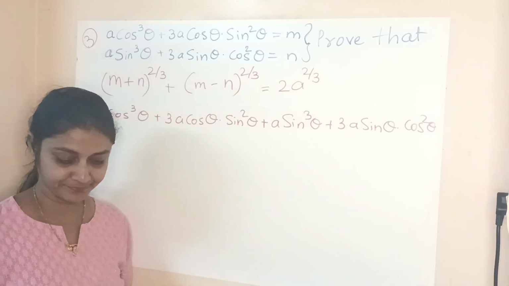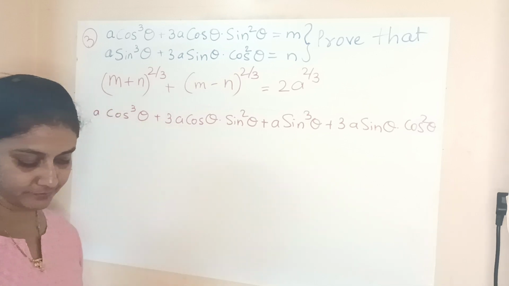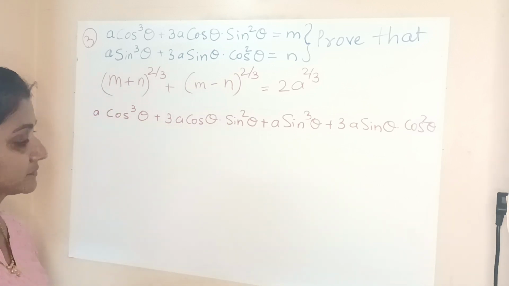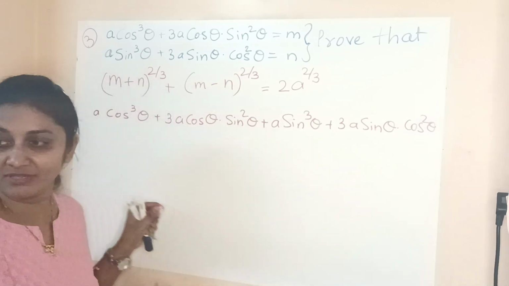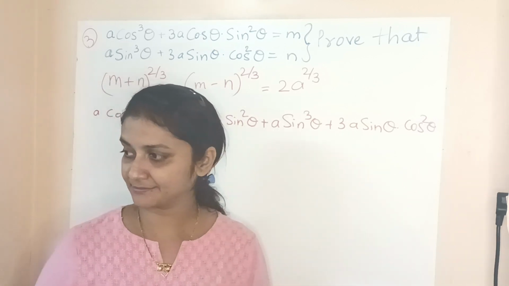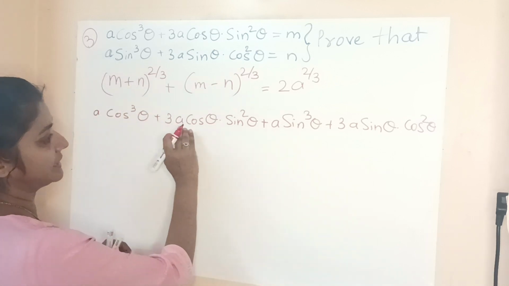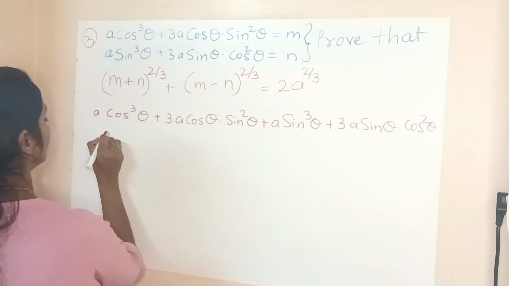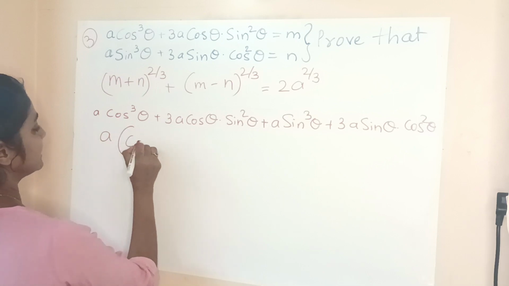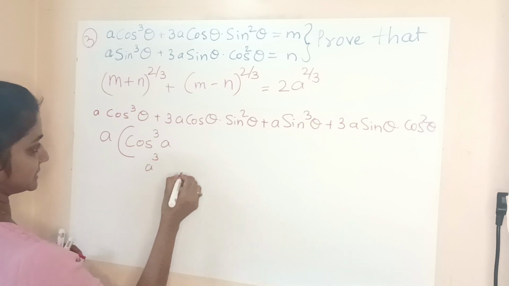Wrote till here? Can anyone say what it is looking like? Whole cube. Yes, it is having a here, a here, a here and a here. Can I remove a outside common? And if I write this cos cube a, which is my a cube, please see this properly.